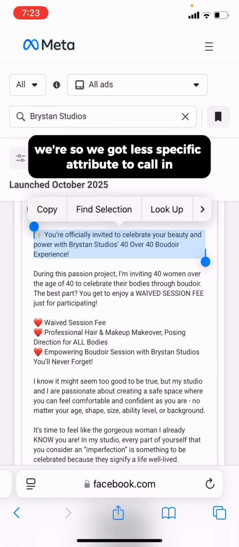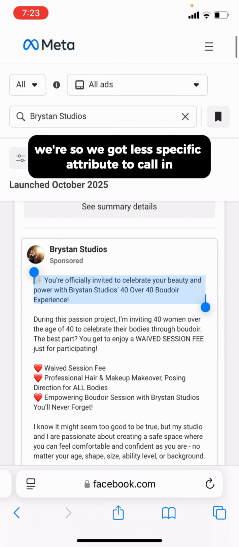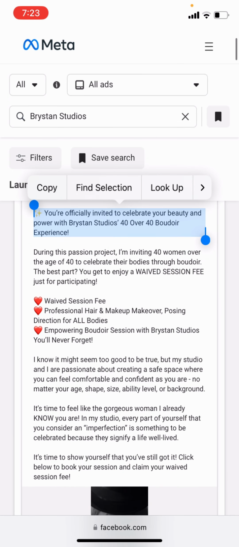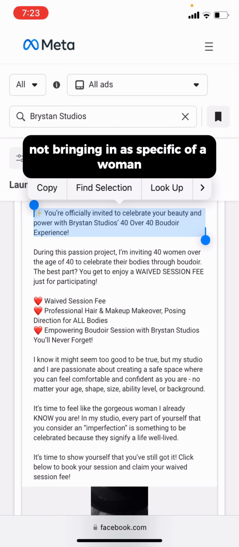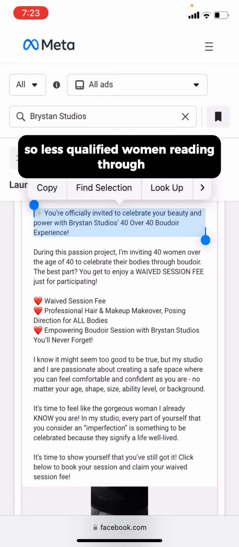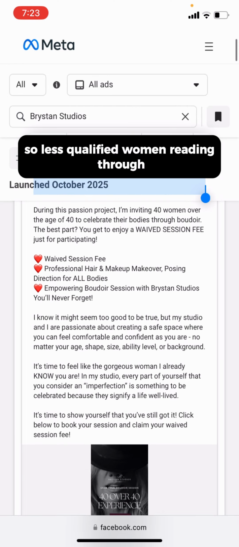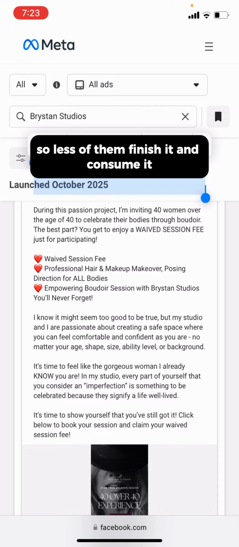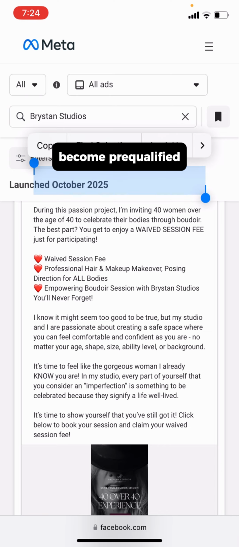And so we've got a less specific attribute to call in. So we're capturing less attention, not bringing in as specific of a woman. So less qualified women reading through are going to feel like our ad copy is less for them, so less of them finish it and consume it and become pre-qualified.